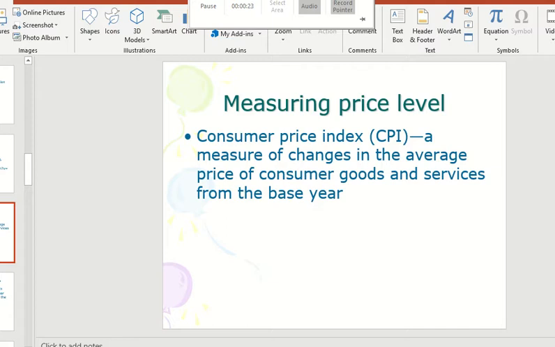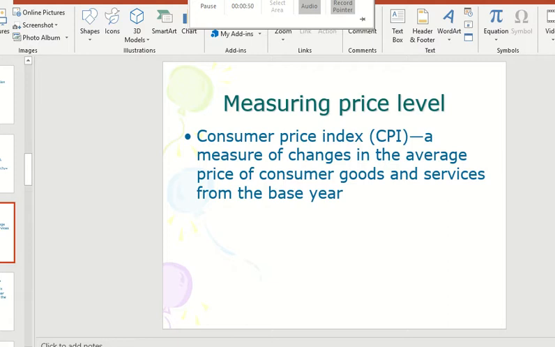The true level of prices of an economy is unknown because it is impossible to keep track of the change in prices of every single type of goods in this economy. So as a result, economists and statisticians construct some proxies to hopefully capture the true value of the price level.